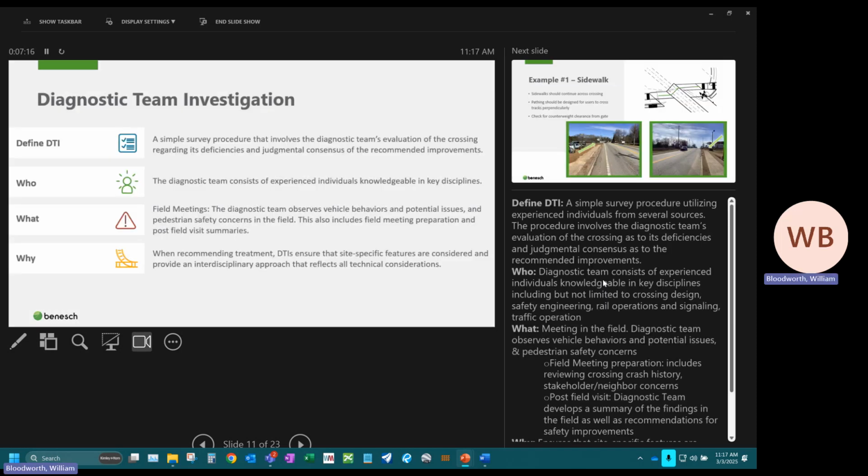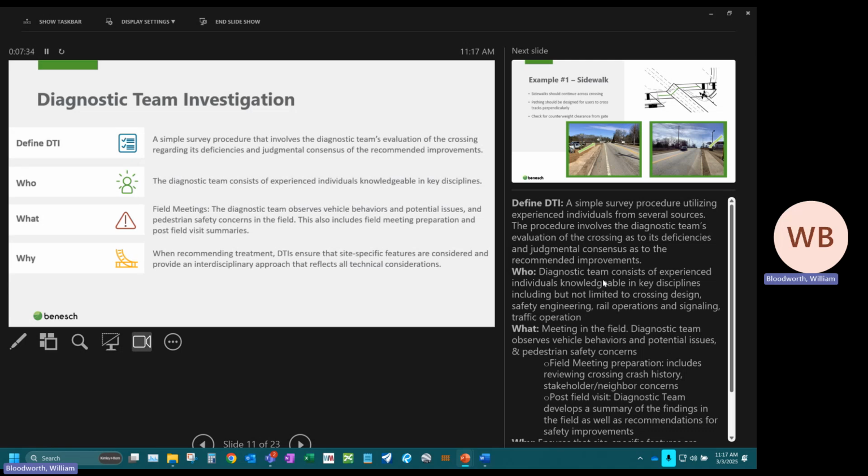Okay, moving on from standards and details and all that fun stuff, I'm going to talk about the diagnostic team investigations. We call these DTIs. I just want to bring this to your awareness because the new version of the MUTCD kind of drops this term a lot, and I personally wasn't familiar with it prior to this.